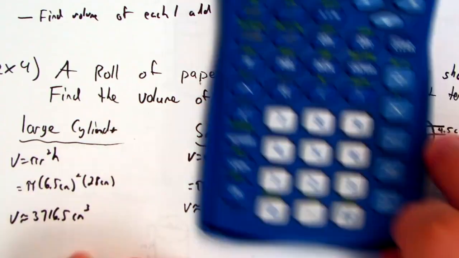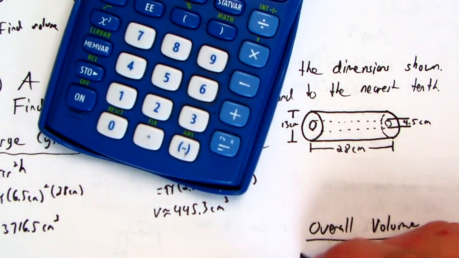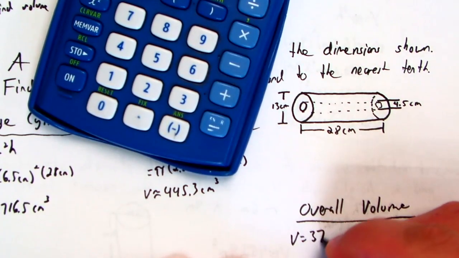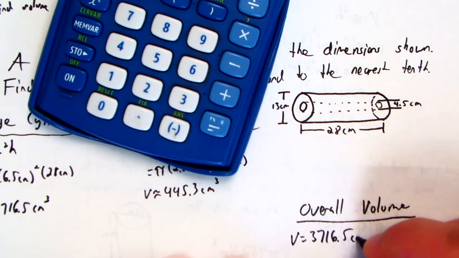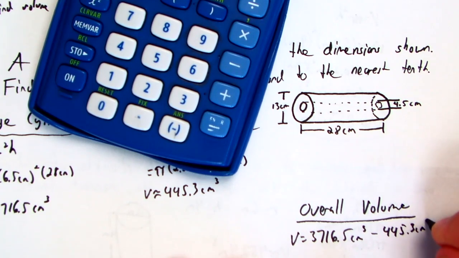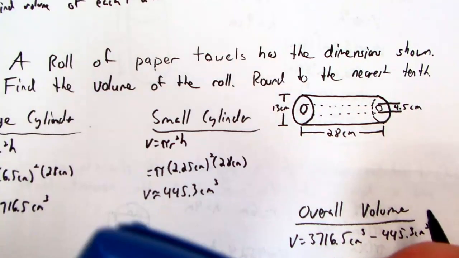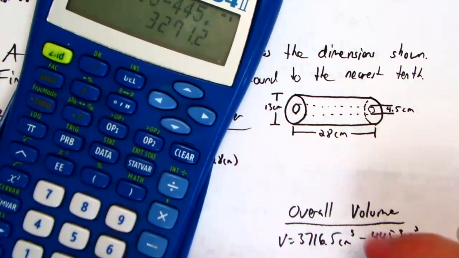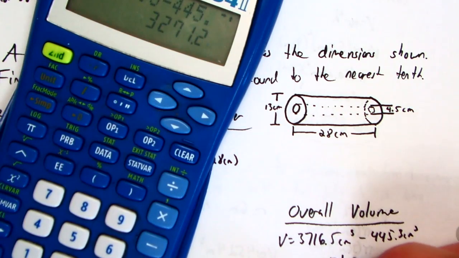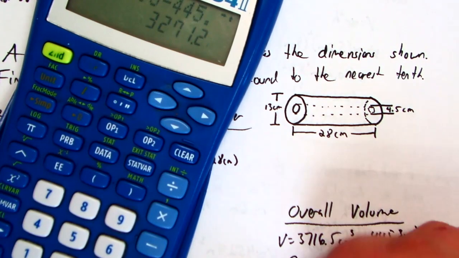So what I did was 3716.5 minus the 445.3. So my volume was 3,271.2 cubic centimeters. And again, this is an about because it is a rounded number.